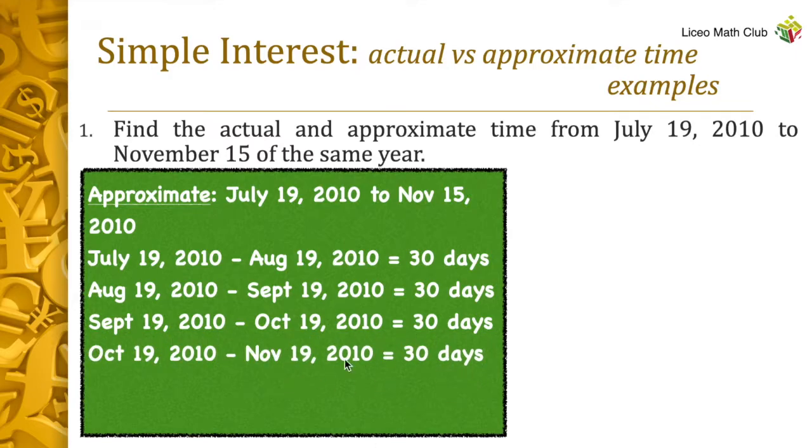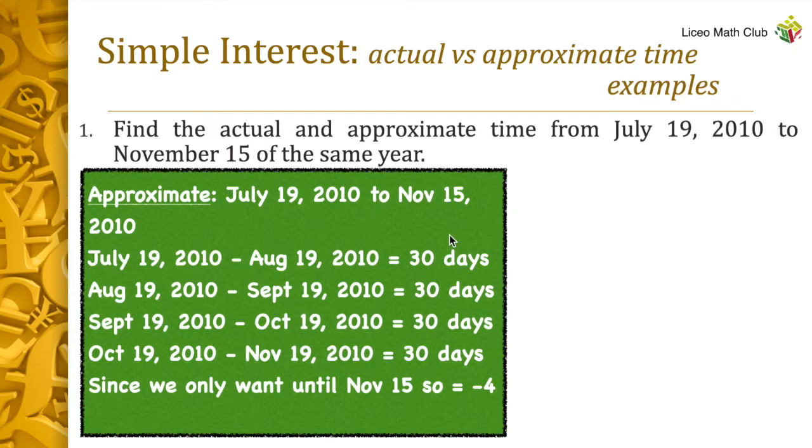But whoops, look at here. We overshoot, because we should stop on November 15, not November 19. So we overshot by how many days? 19 minus 15, that's 4 days. So since we only want until November 15, we're going to put here minus 4.